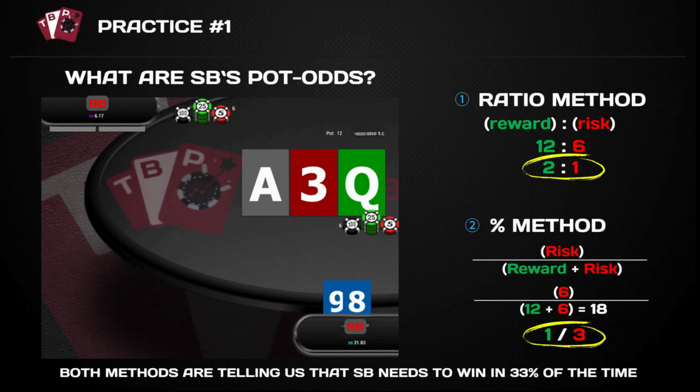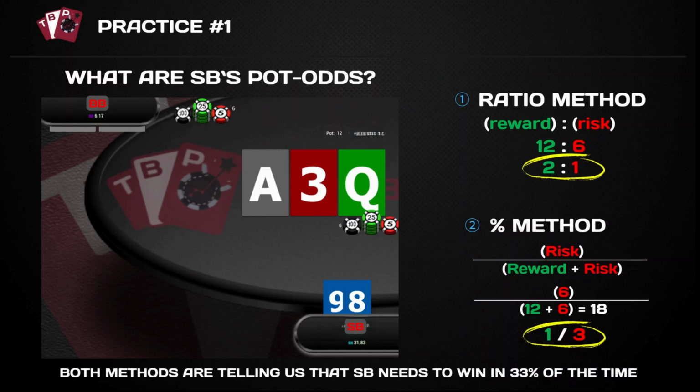Putting these numbers into the formulas on the right side, the ratio method gives the small blind a ratio of 12 to 6. We can now divide both sides by 6, which gives the small blind final pot odds of 2 to 1. Now with the percentage method underneath.